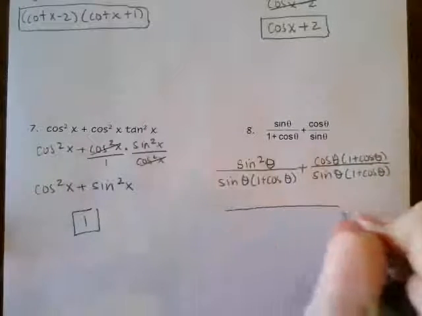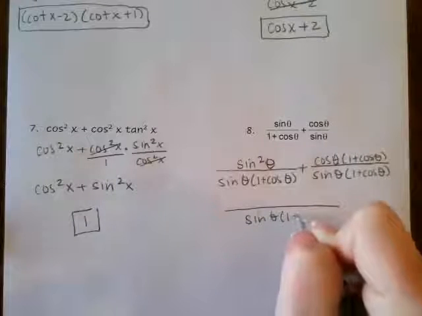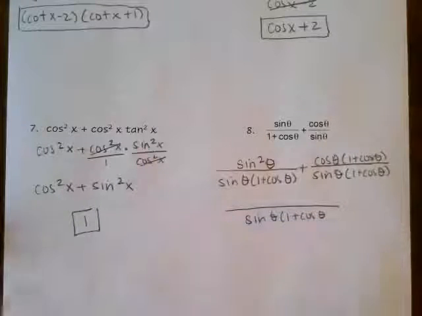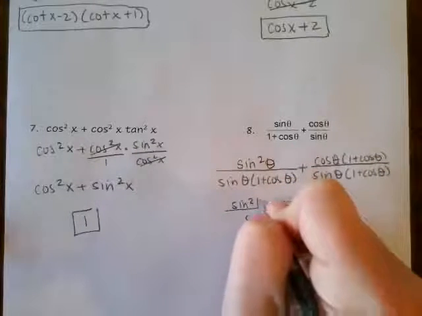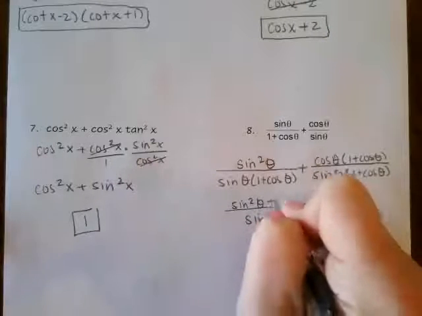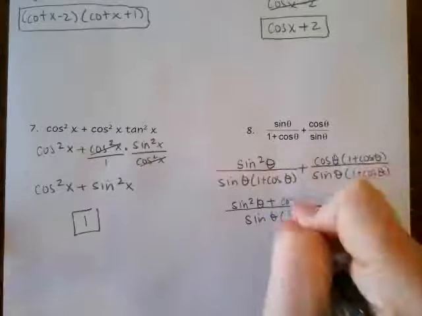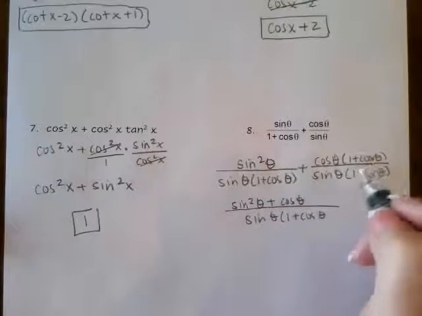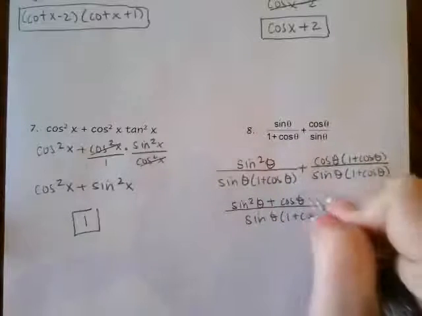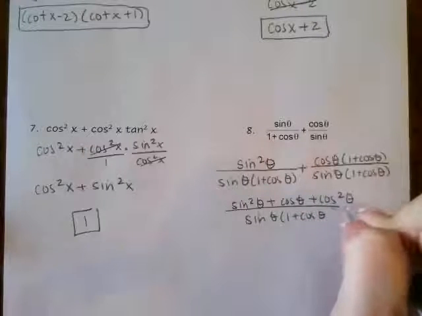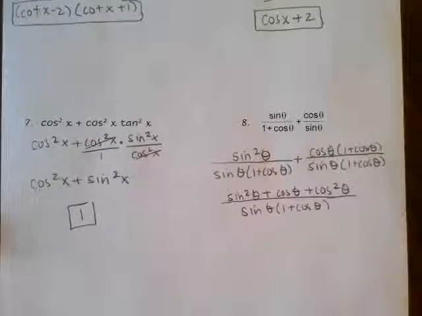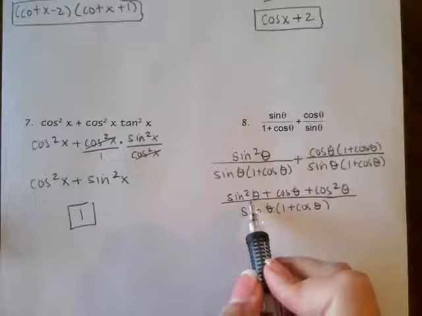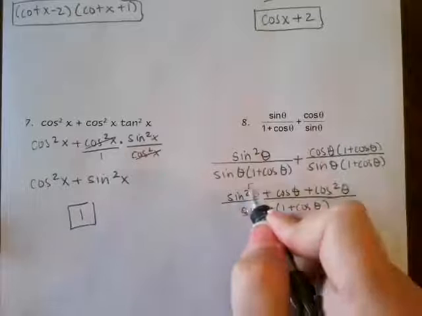Now we keep the denominator, so I'm going to keep the sine of theta times 1 plus the cosine of theta. For our numerators here, I'm going to distribute this as I put it together. So I get sine squared of theta plus cosine theta times 1 is cosine theta. And then cosine theta times cosine theta is cosine squared of theta. All right, in order to simplify this now, we have a sine squared of theta and a cosine squared of theta.